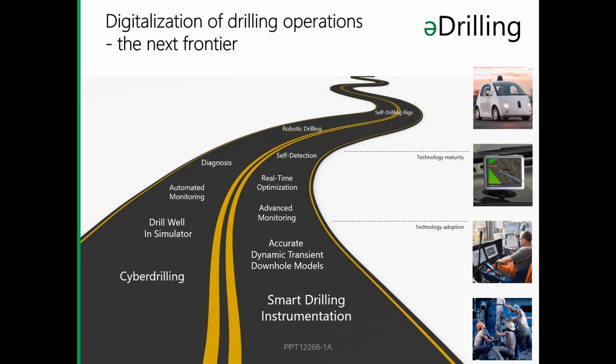We then had advanced monitoring, and this is where the technology adoption in the market is at the moment. If you look a bit ahead, we have automated monitoring, real-time optimization, diagnosis, and self-detection, and this is where the technology maturity is. So this is where we are now, and what will help support robotic drilling and self-drilling rigs in the future.